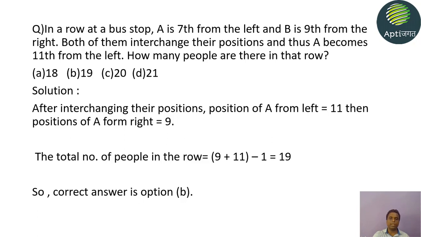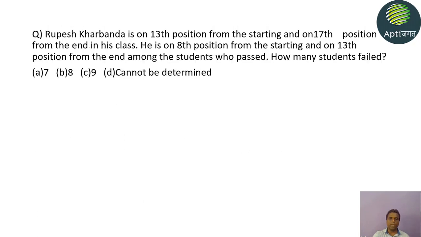Now we will see another question based on ranking. Rupesh Kharbanda is on 13th position from the starting and on 17th position from the end in his class. He is on the 8th position from the starting and on the 13th position from the end among the students who have passed. How many students have failed?